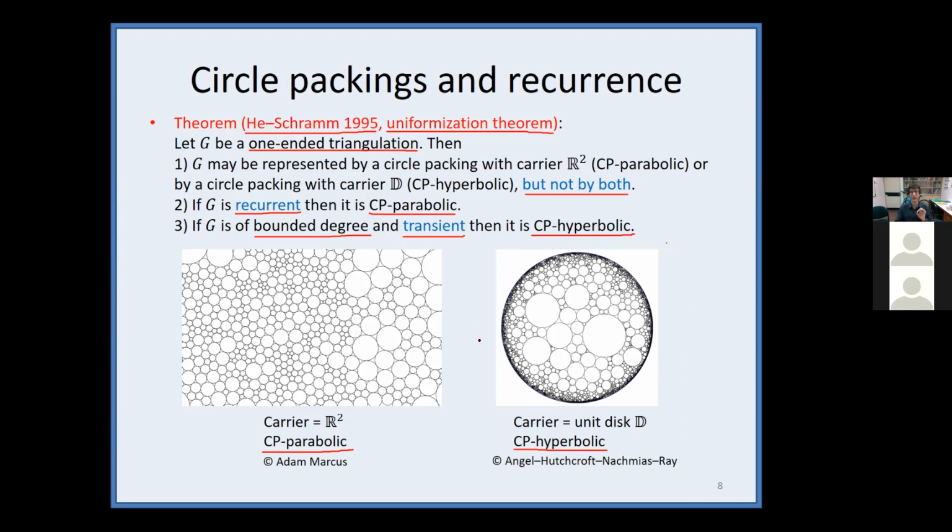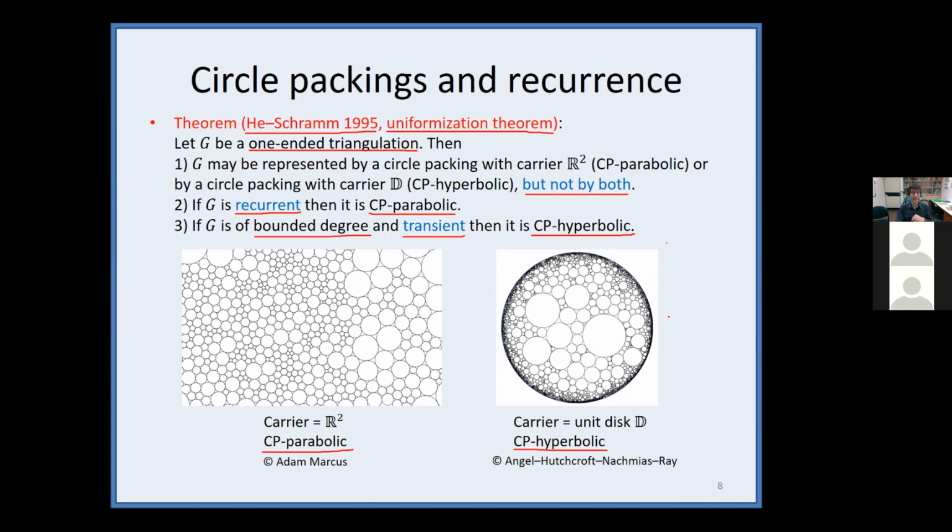This is the theorem of He and Schramm. And indeed, this will be the tool that we will use to analyze recurrent infinite planar graphs. Recurrent one-ended triangulations can be circle packed in the plane. So our starting point will be the circle packing of the planar graph. This will be how we will analyze the problem.